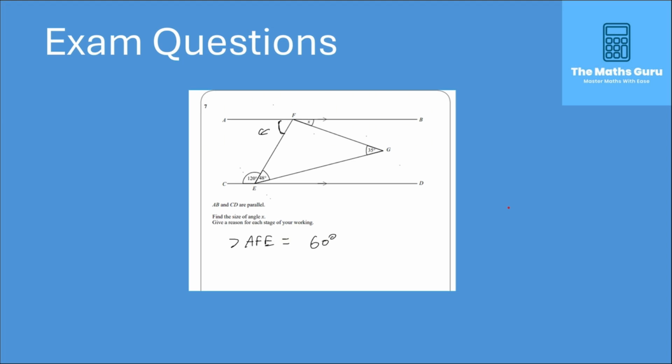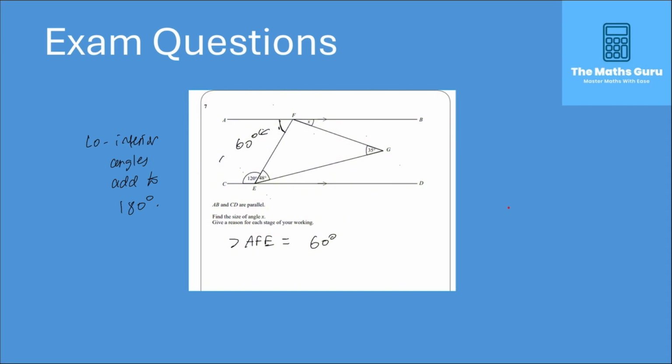This is because of co-interior angles, so here and here. Co-interior angles add to 180 degrees. Hence AFE is equal to 60 degrees.